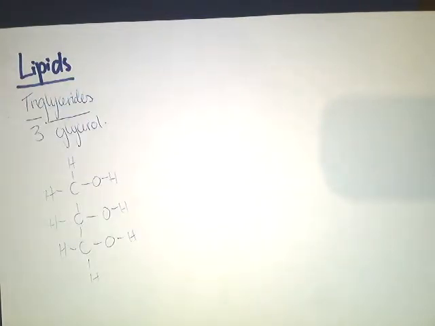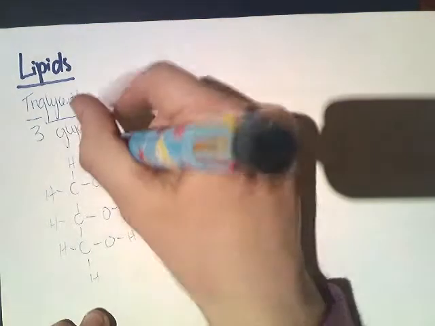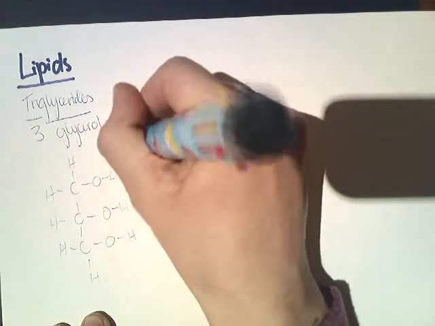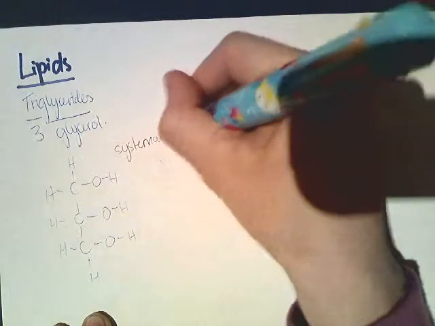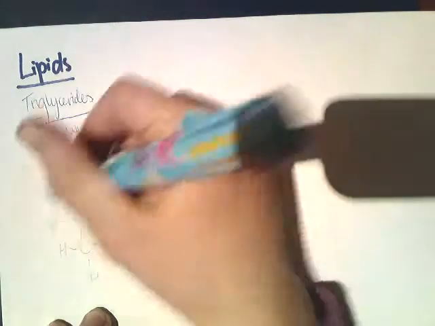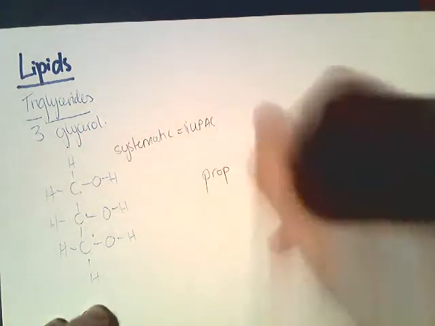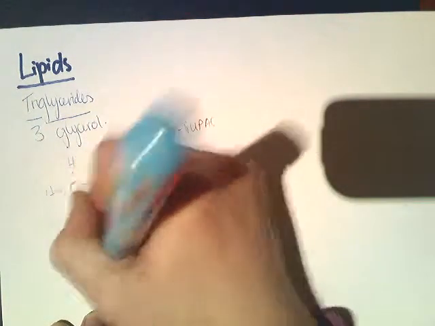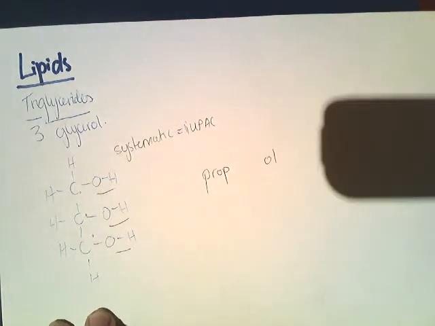Now, if they ask for the systematic name of glycerol, you will simply say the IUPAC. So whenever they say systematic, this means IUPAC. So you count the number of carbons. There are 3, so it's prop. You look at the highest priority functional group, which is an ol.